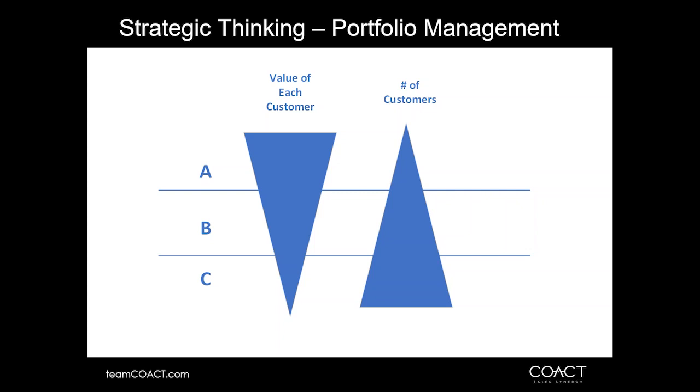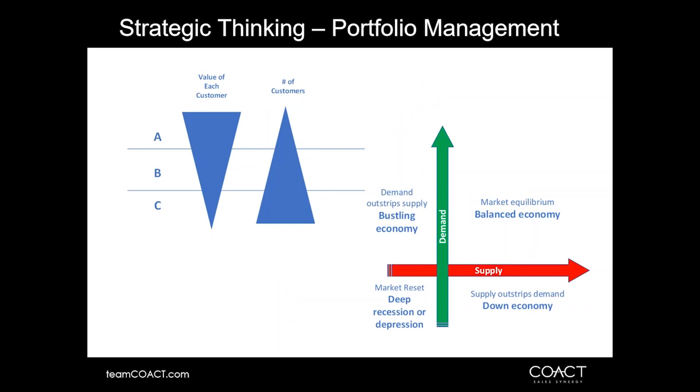Typically in a down economy, or recession or depression economy, there's price pressure, there's more supply than there is demand. And so, there's price pressures in a down economy. We tend to take on business that we typically wouldn't take on. It's either not necessarily a strategic fit for us, or, through price pressures, we take it on. We're trying to optimize our utilization.